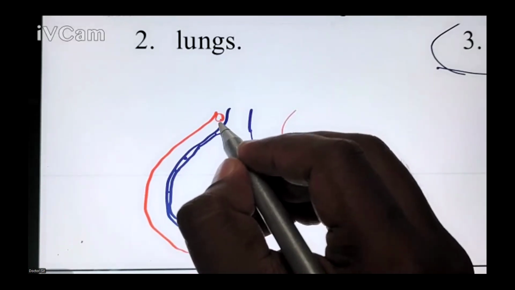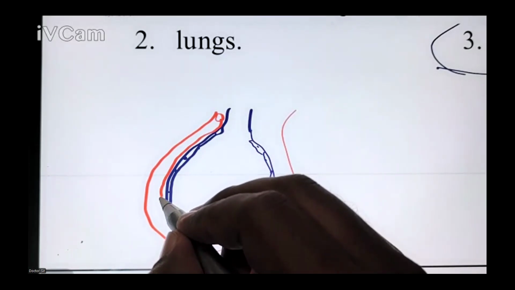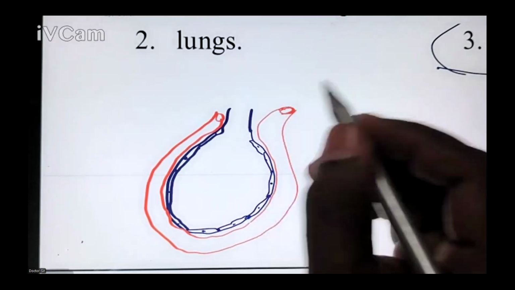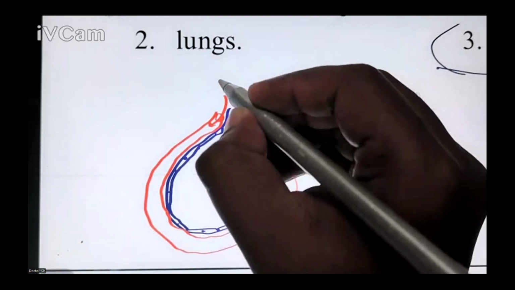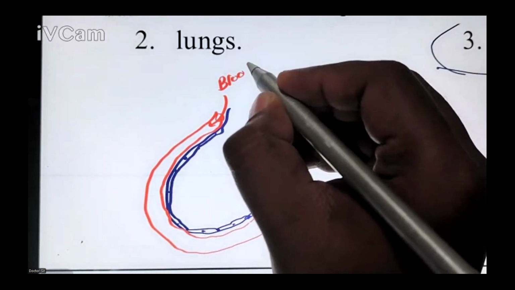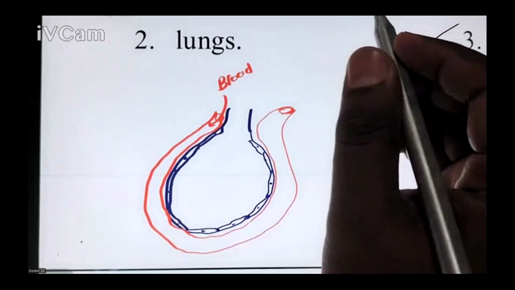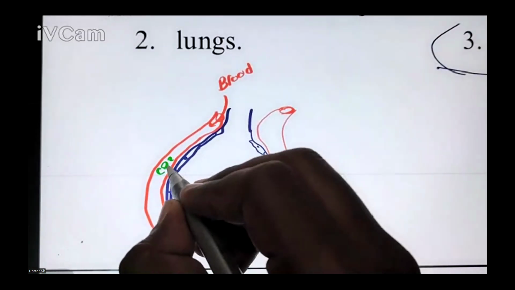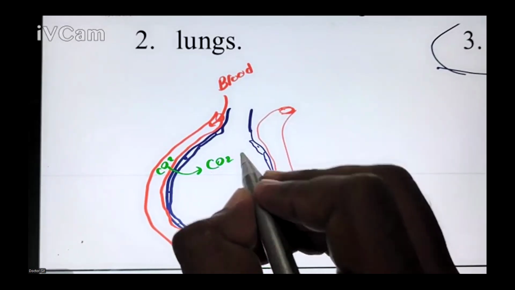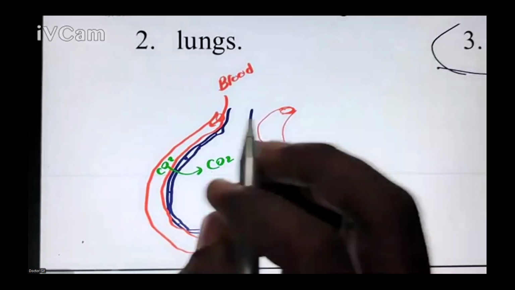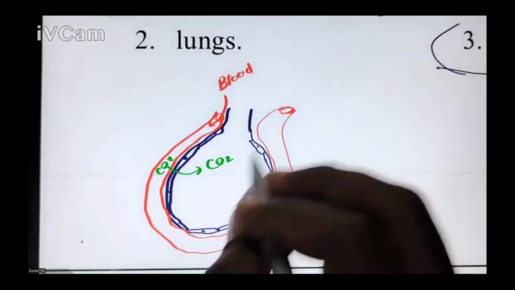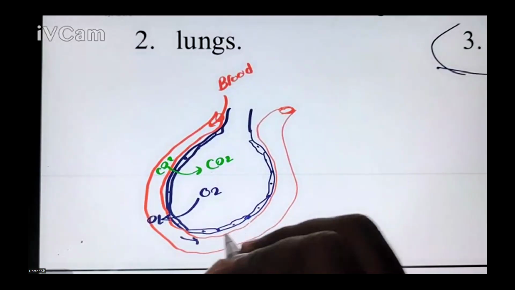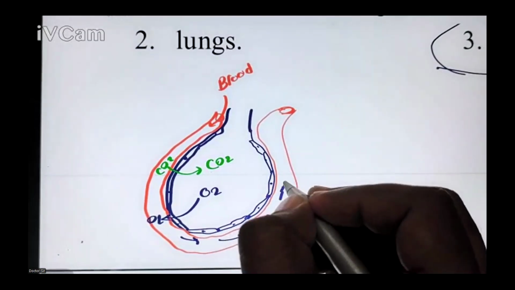Then it has many blood vessels. The blood vessels bring in blood containing gases. They take carbon dioxide and put it into the alveolar sac, then absorb O2 and transport this blood throughout the body.